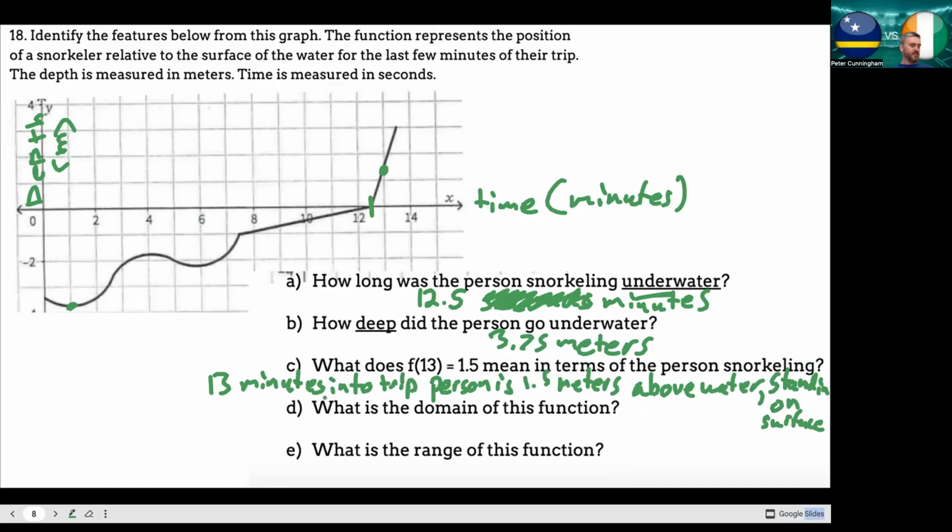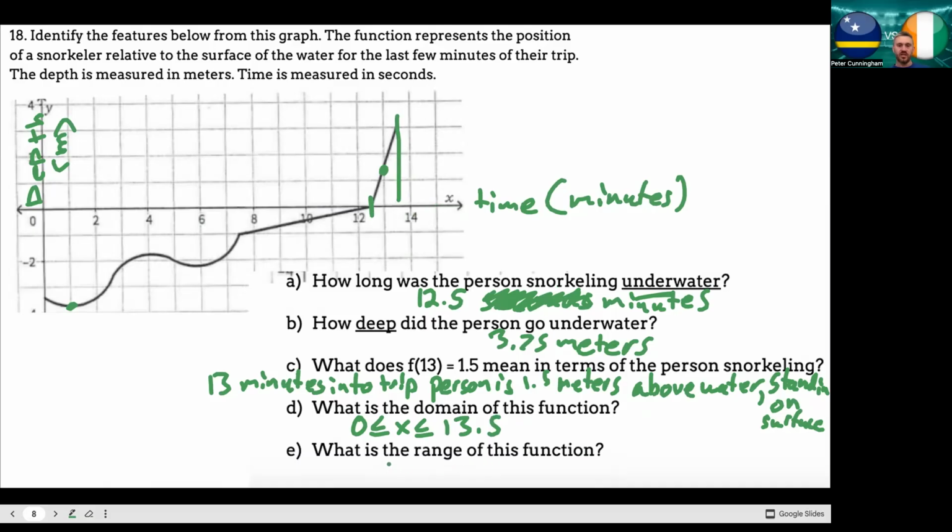The domain of this function, so we're just looking at x values, right? We start at 0, less than or equal to x. That's when we start. And if we can see all the way up to 15, 16, but the trip ends at not 13 seconds, but 13.5. I said seconds again, 13.5 minutes, minutes and meters.